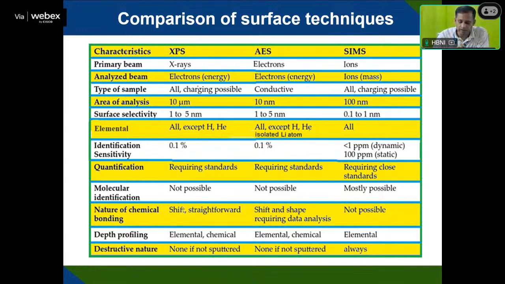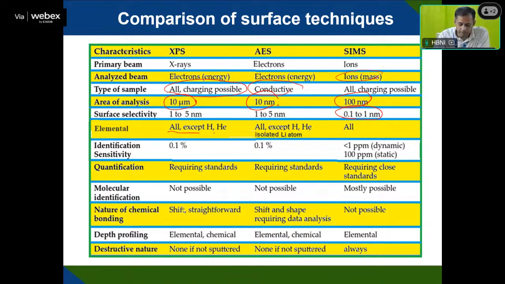Charging is possible in all, though it mainly affects non-conductive samples. For depth, XPS goes up to some micron range, whereas AES is about 10 nanometers, and SIMS analysis depth is about 100 nanometers. Sensitivity is almost similar, though SIMS has slightly higher sensitivity.